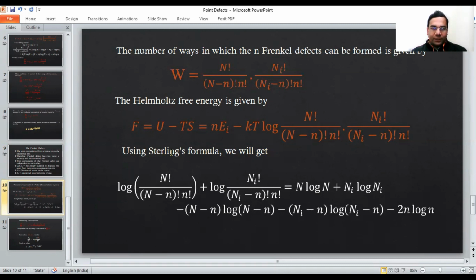Now again, using Stirling's formula, we get log of N factorial over (N minus n) factorial into n factorial plus log of Ni factorial over (Ni minus n) factorial into n factorial. It comes out to be N log N plus Ni log Ni minus (N minus n) log (N minus n) minus (Ni minus n) log (Ni minus n) minus 2n log n.